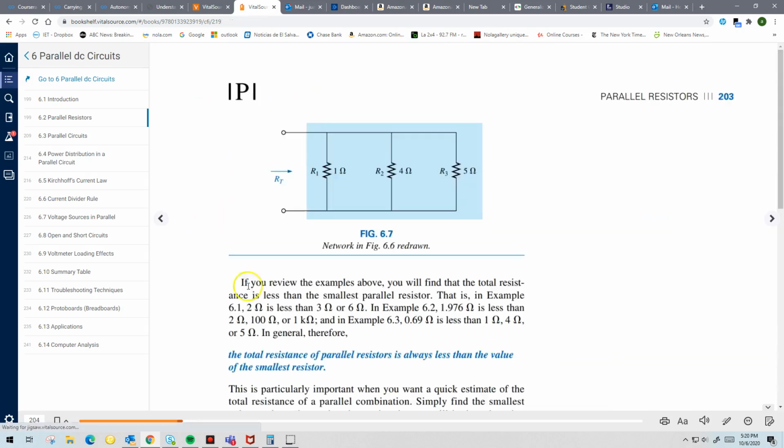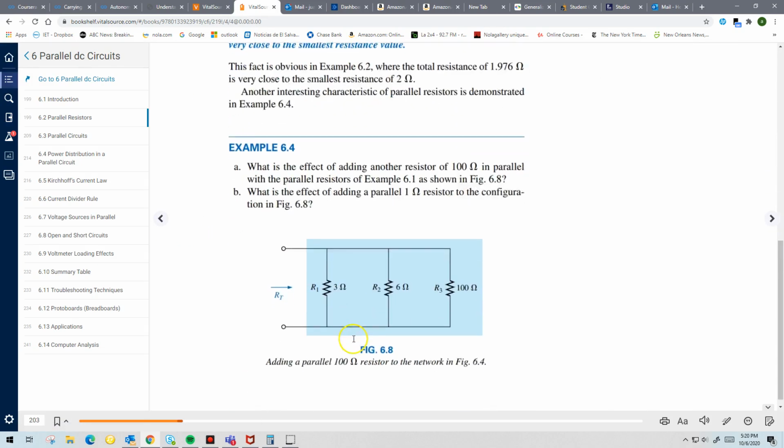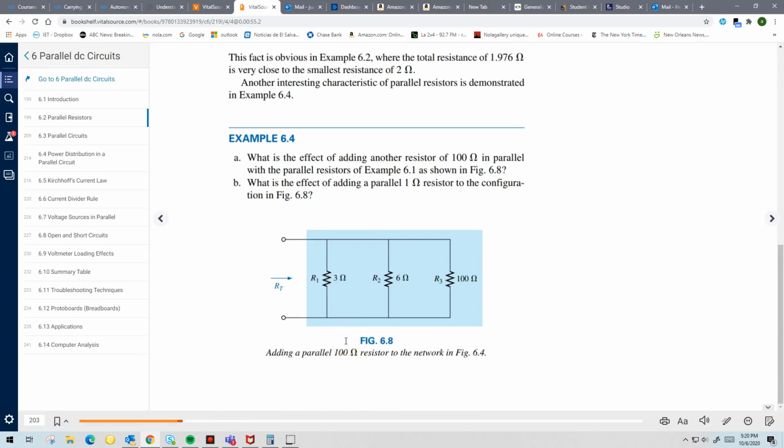And you may want to just think about it without doing any math. What do you think is going to happen? First of all, what do you think is going to happen if we add another resistance of 100 ohms to these already 3 resistors? What's going to happen to the total resistance? Now what is going to happen if instead of 100 we add another 1 ohm resistance to the circuit?